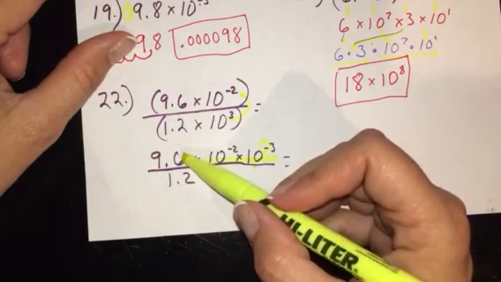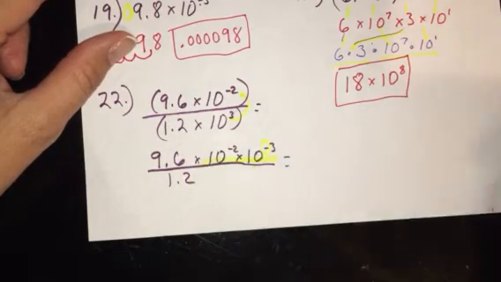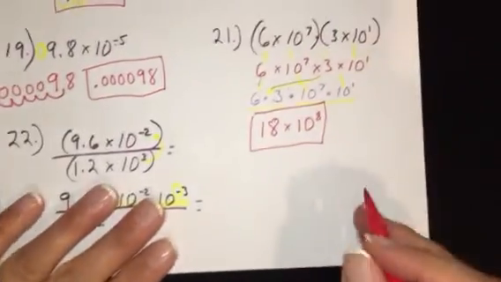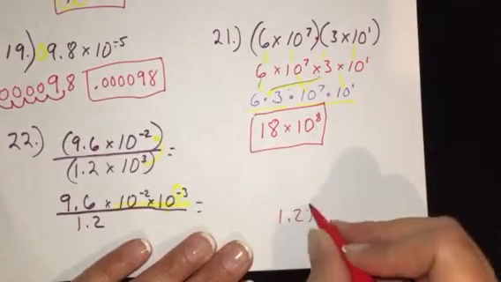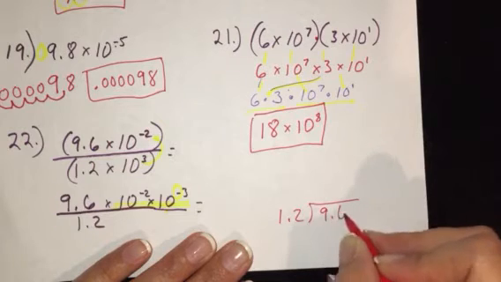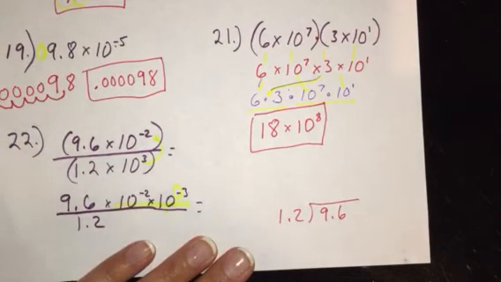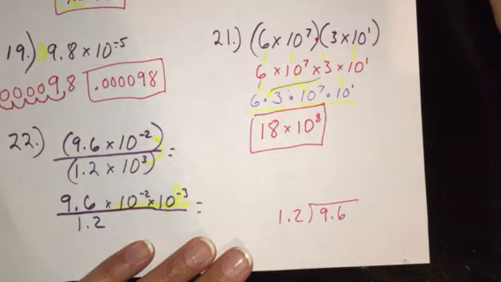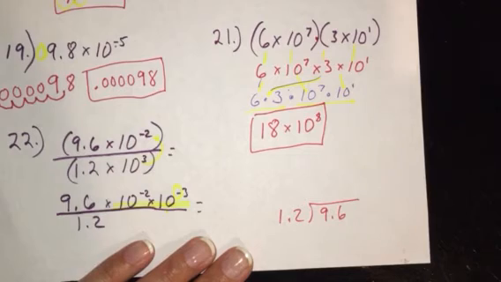So I'm going to divide these numbers, so 9.6 divided by 1.2, just a division problem, and then I'm going to do this on my calculator so I don't have to make you guys wait, and so I don't make a mistake. 9.6 divided by 1.2 is 8.